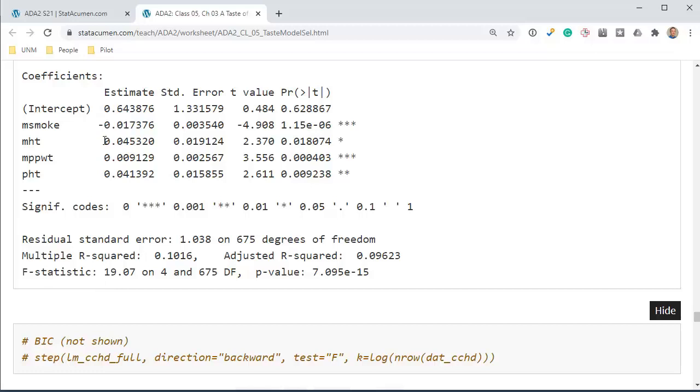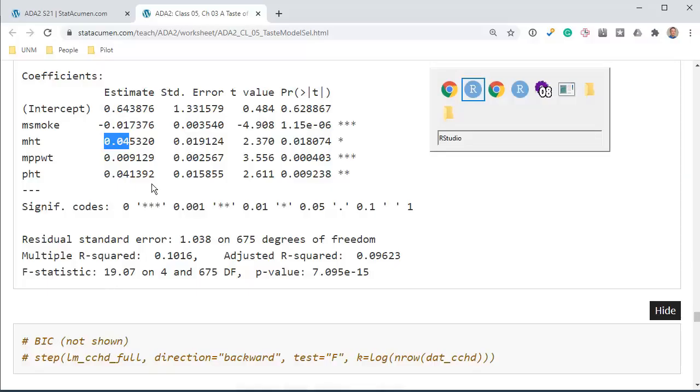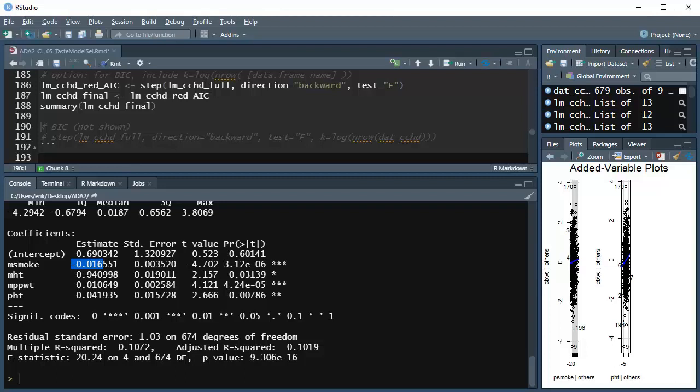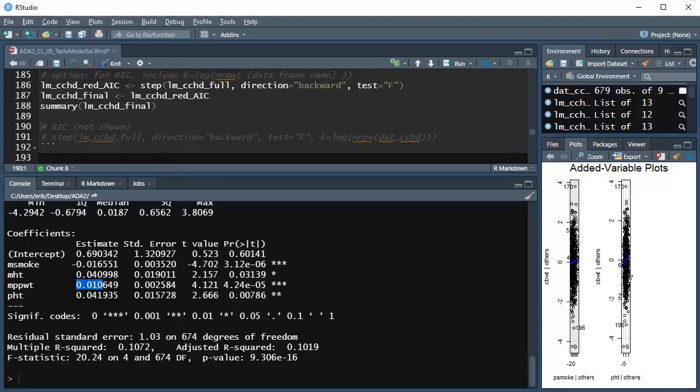Mother's height, positive 0.045, now 0.041, okay, about the same. Pre-pregnancy weight, 0.009, and this is 0.010, so a small change, but not much. And father's height, 0.041 and 0.41. So pretty much about the same. So really, while that point was influential, it did not change our inference in the model.